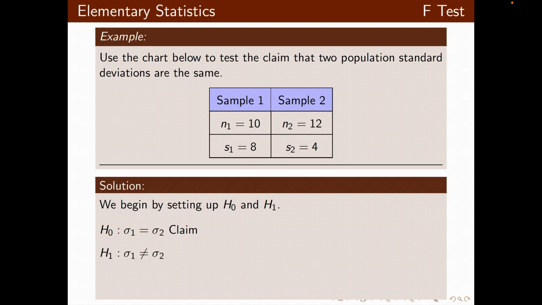An alternative hypothesis will be sigma 1 not equal to sigma 2, and that would be obviously two-tail test. There was no significance level given, so we use 0.05.